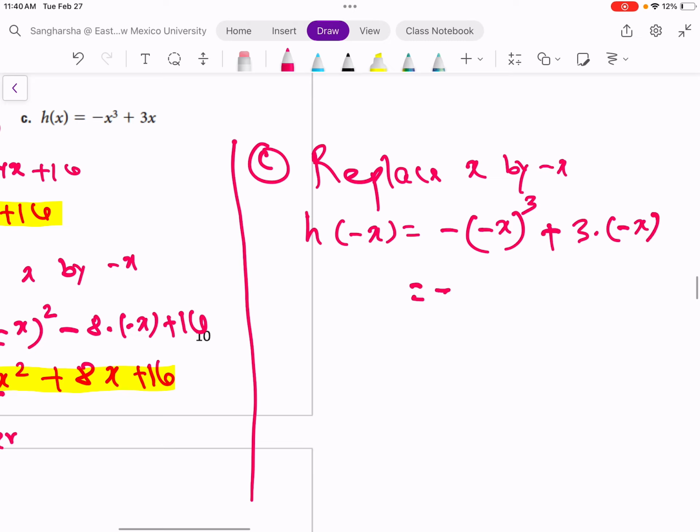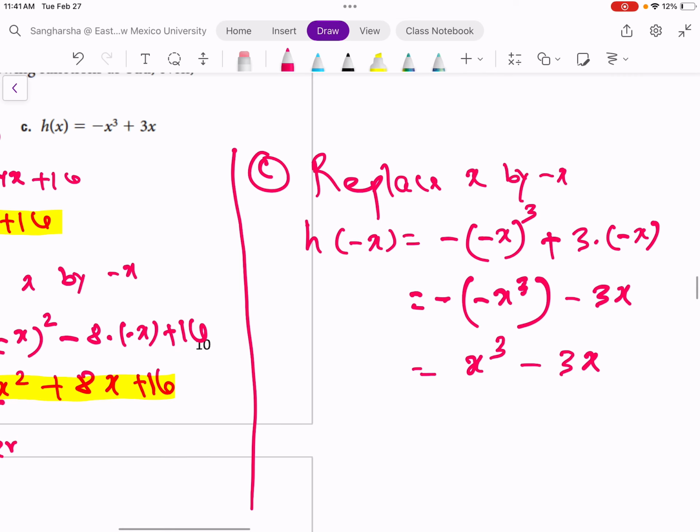So we have negative, and the cube of negative x is negative x cubed, and positive 3 times negative x is negative 3x. So negative times negative x cubed is positive x cubed, and negative 3x.